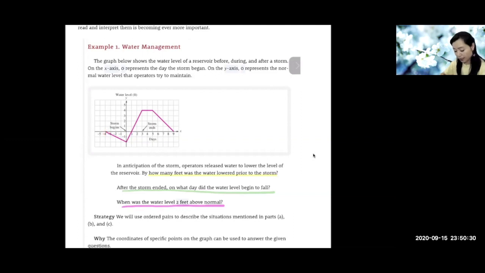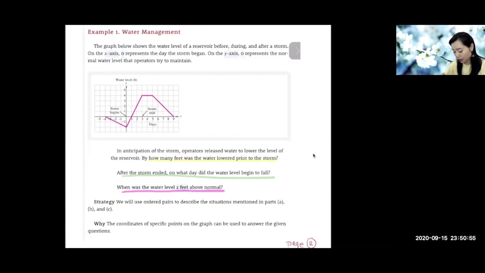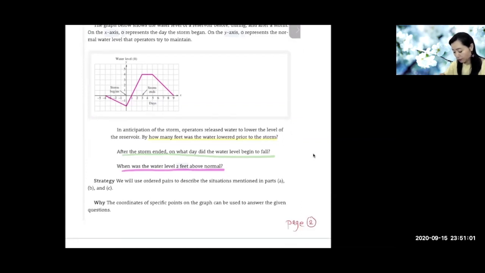And then when the storm began, the water level is -2. So the operators actually released water and lowered the water level to -2. So the answer here is the water level was lowered to -2 prior to the storm.